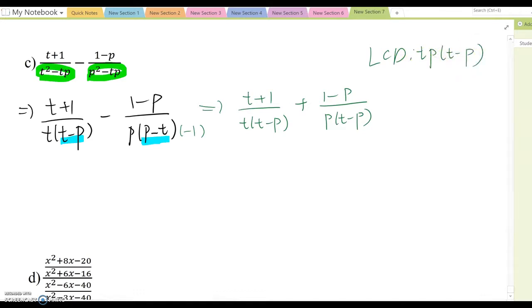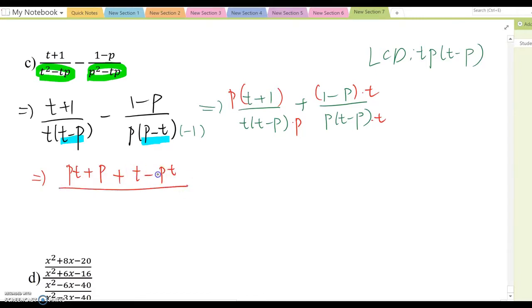Therefore, you need to multiply p here, you multiply t here. Of course, you multiply p and then t here. Then this is going to be pt plus p plus t minus pt over tp and t minus p.